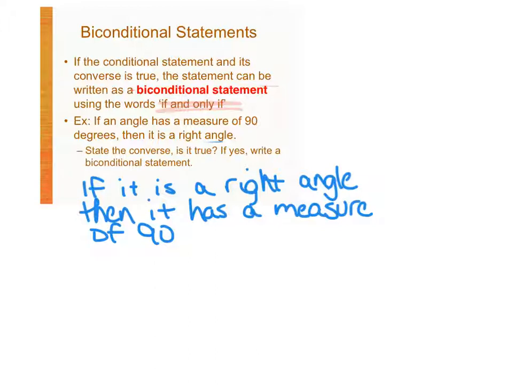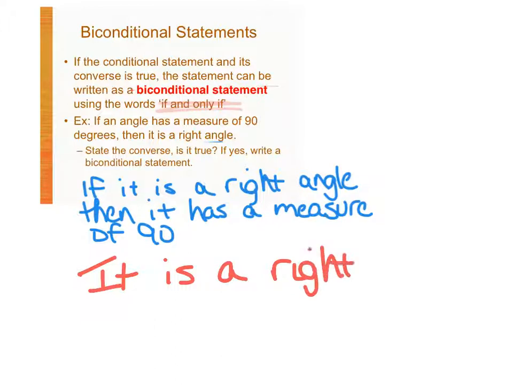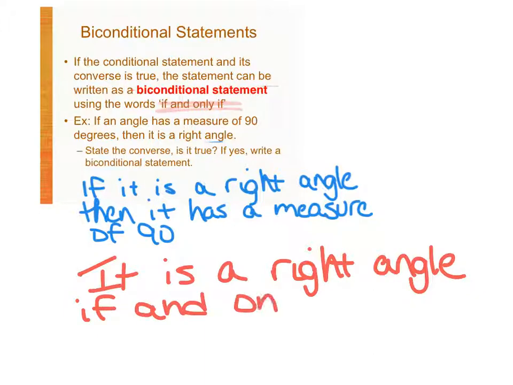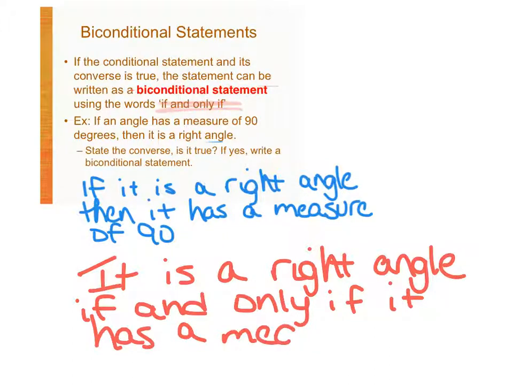So my new biconditional statement would be, it is a right angle if and only if it has a measure of 90 degrees.